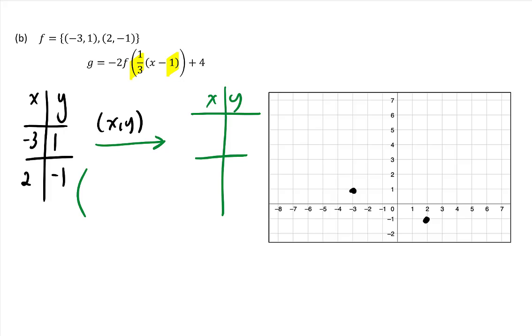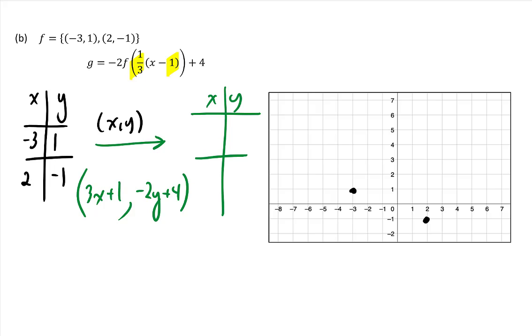So remember, we're going to divide by the k. So if we divide by a third, that's multiplying by 3. So I get 3x and then plus 1. And then for the y value, I'm going to multiply by negative 2 and add 4. That's the a and the q.